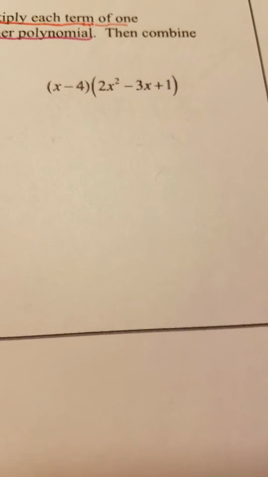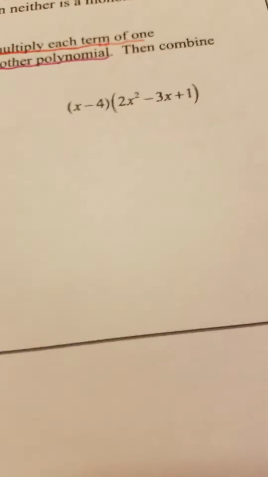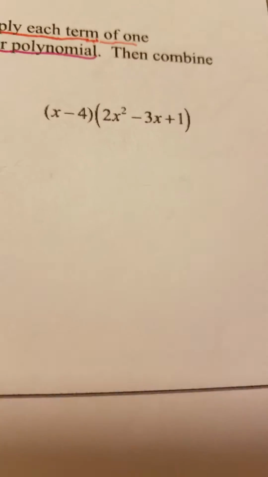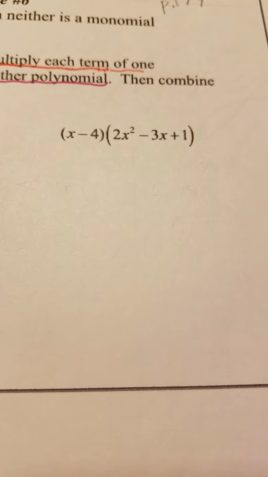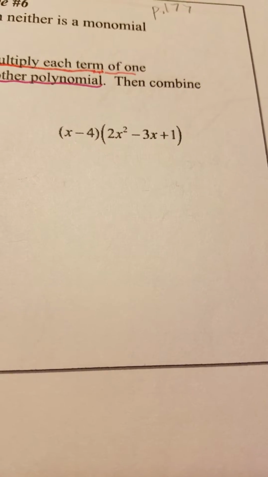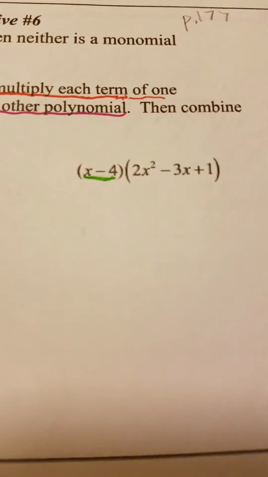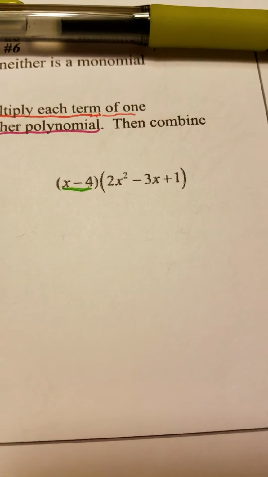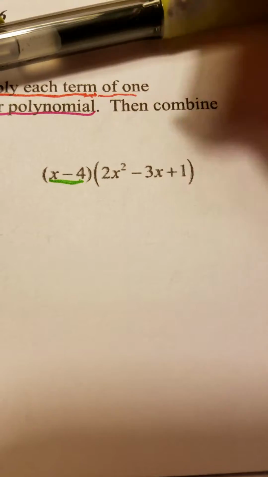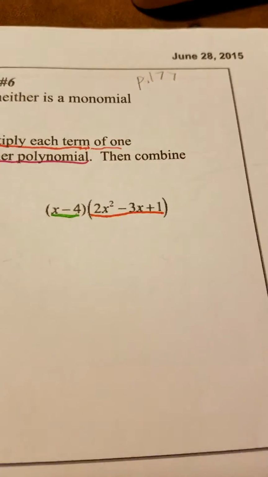So instead of two binomials, now we have a binomial and a trinomial. And here you're just doing the same exact thing. We're taking the one and we're distributing it to the other. Let's start with the green this time, because the green's cool. So you're taking this one and you're distributing it to, let's go for a darker watermelon, to each one of these.